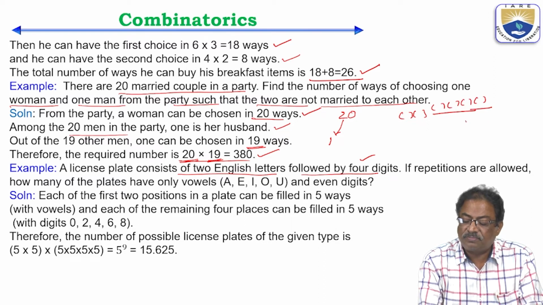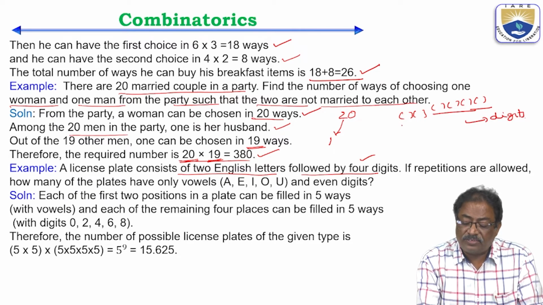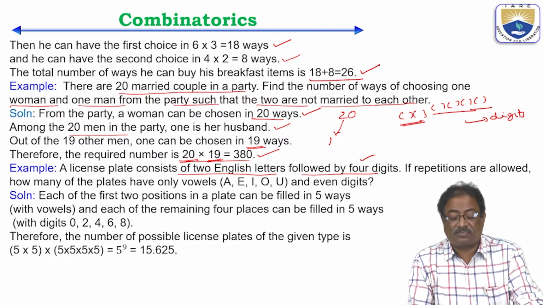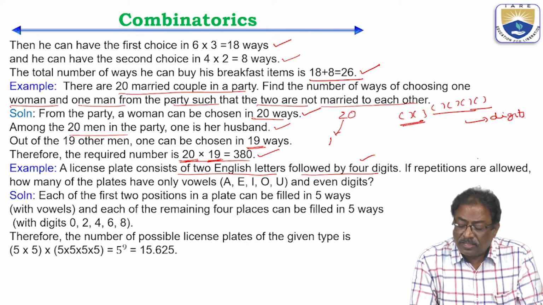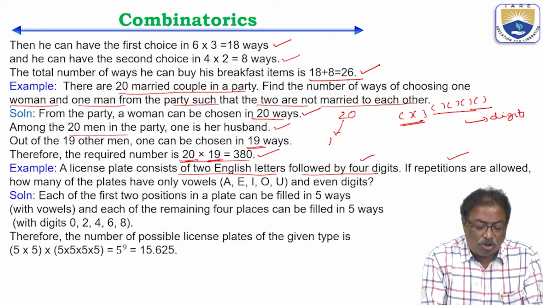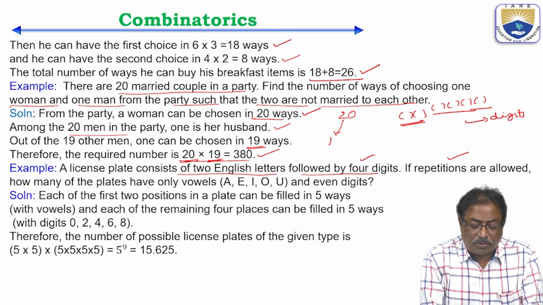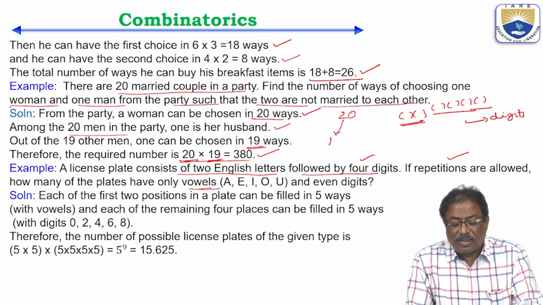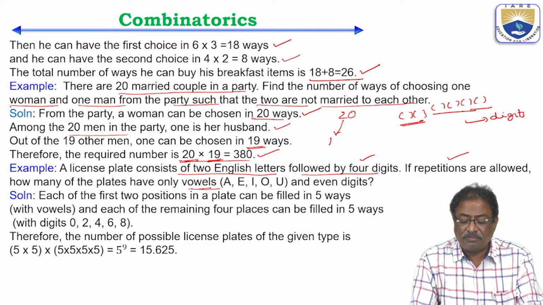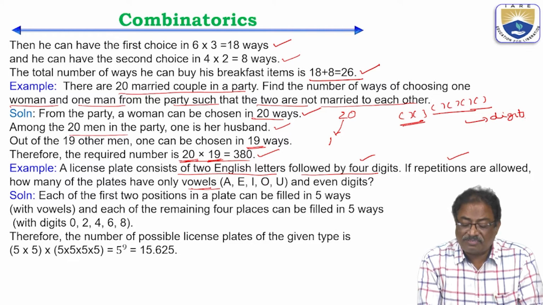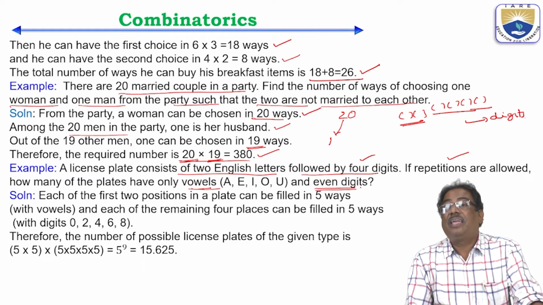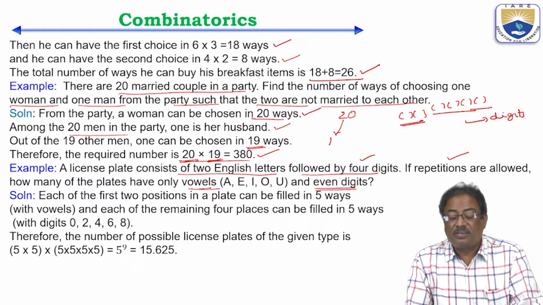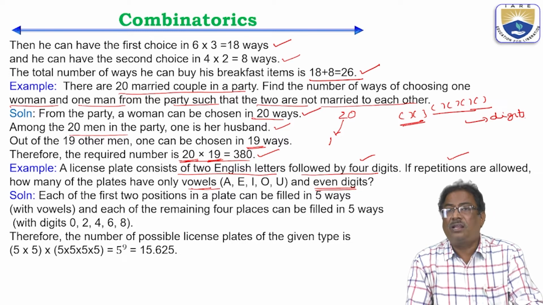These are the English alphabets and these are the digits. If repetitions are allowed, in how many of the plates have only vowels and even digits?